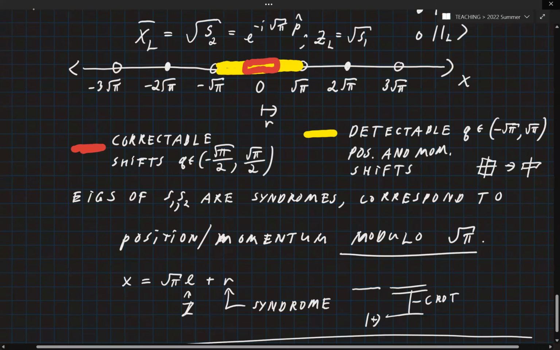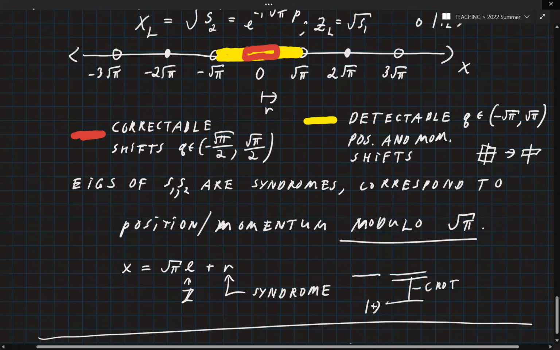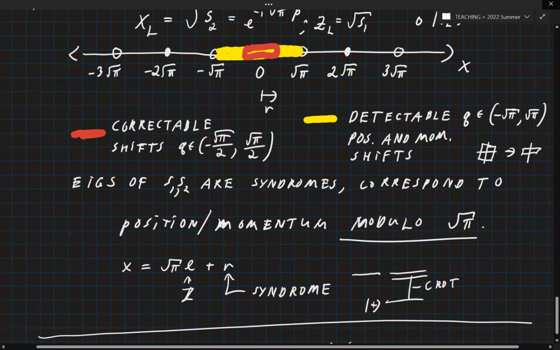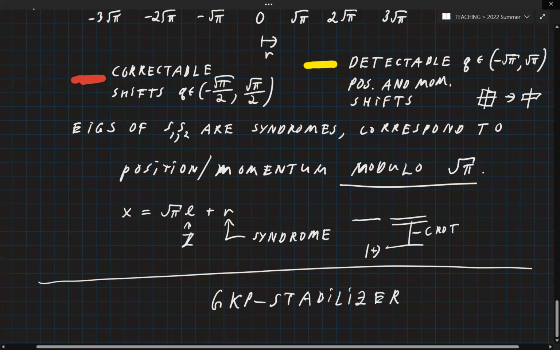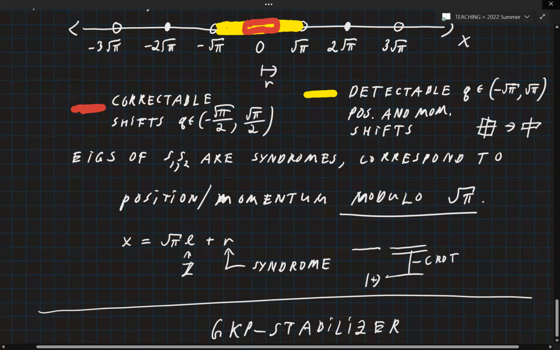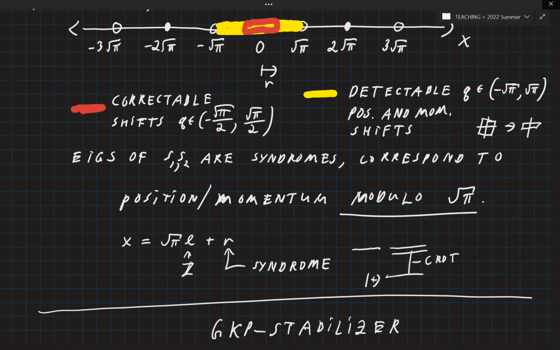Did I tell you I would miss a factor of 2? This always happens. Where? Oh, this one? No, because that would be a logical measurement outcome.